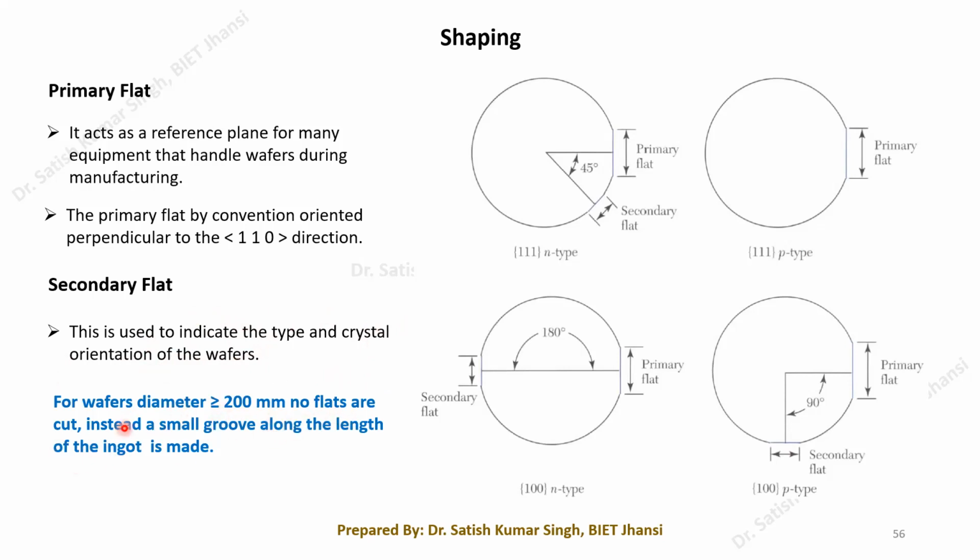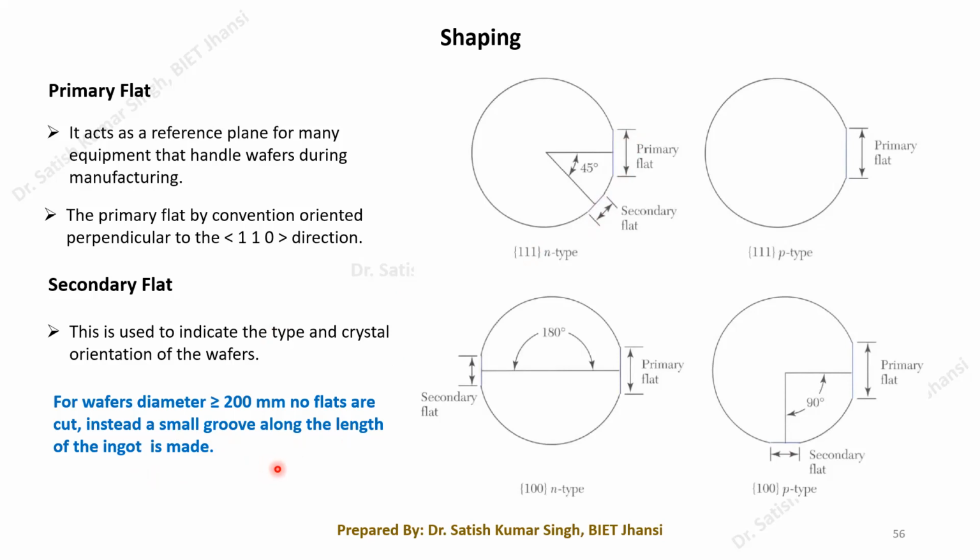I have already explained that it is 150 mm or up to 150 mm; from 150 mm to 400 mm we are able to grow diameters nowadays. So for wafers greater than 200 mm, no flats are cut, and we make a small groove along the length of the ingot to identify the same thing.